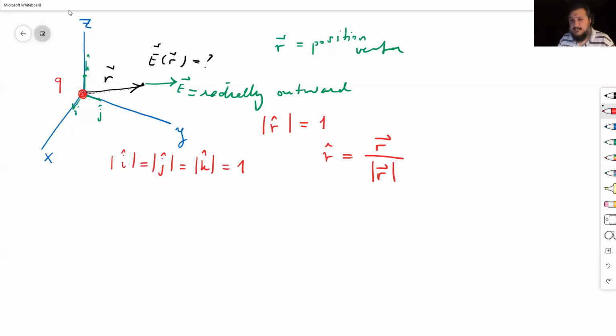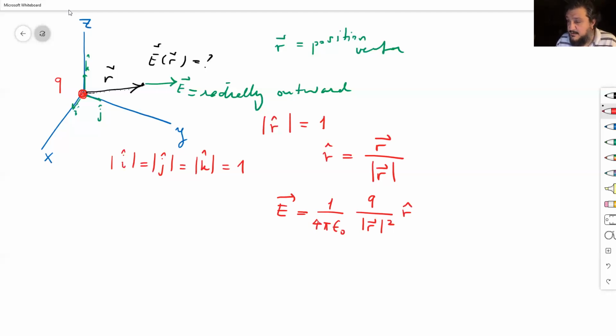Okay, so using R hat, now you can write the electric field as your constant 1 over 4 pi epsilon 0, Q divided by R squared, times R hat, all right?